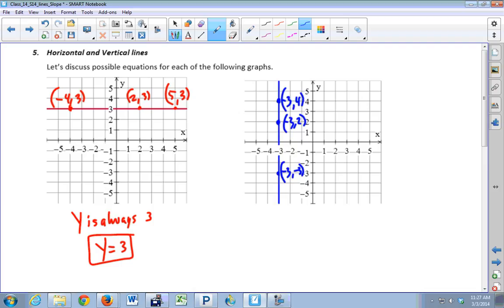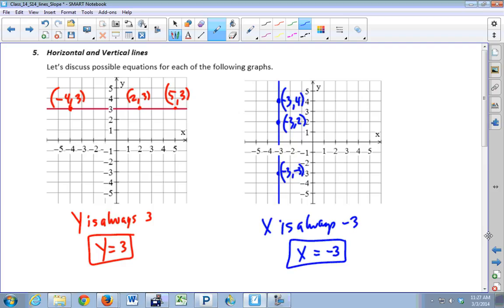I think we could say the same thing that Gina just said a minute ago, but we'd have to change the name of our variable and the number. So what else could I say about this blue line right here? That's right, Brittany. X is always -3. And now we have our equation. X equals -3. We are done.